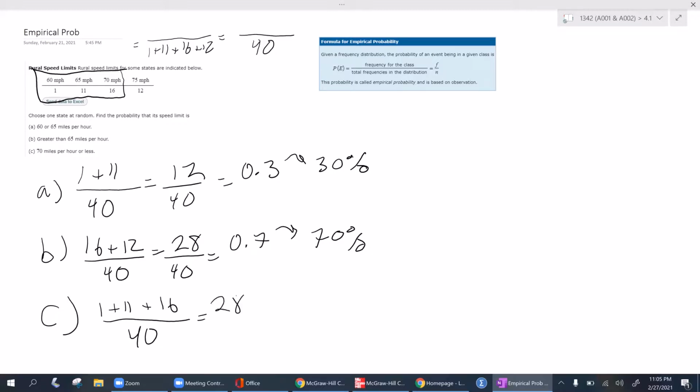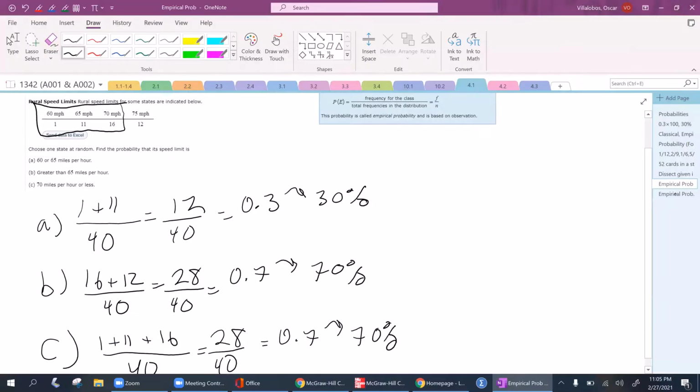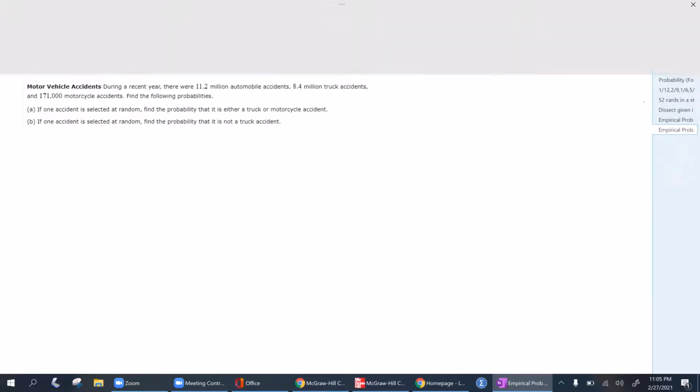And that is going to be 28 over 40, which is going to be 0.7, 70%. Very, very nice. Let's go ahead and continue with the next problem.